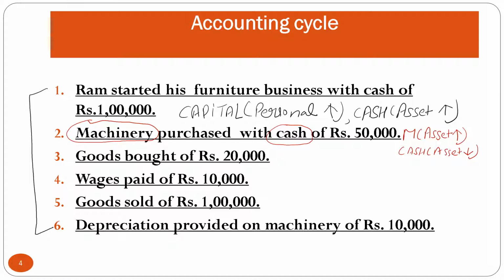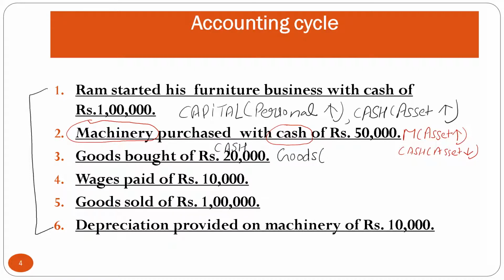The next transaction is goods bought of rupees 20,000. We assume that we have purchased the goods for cash, so cash has been paid for purchasing the goods. The first entity here is goods.